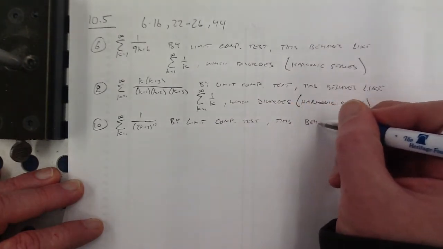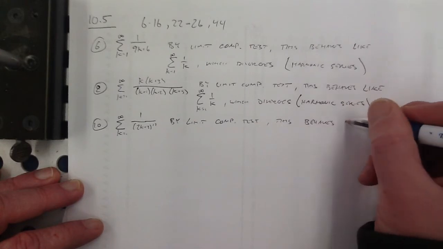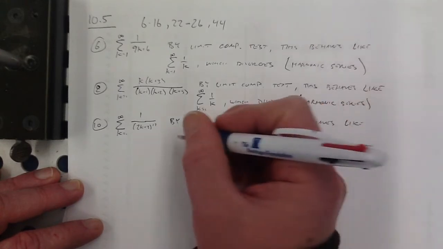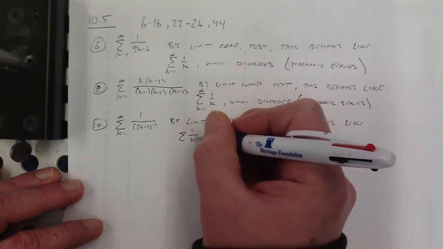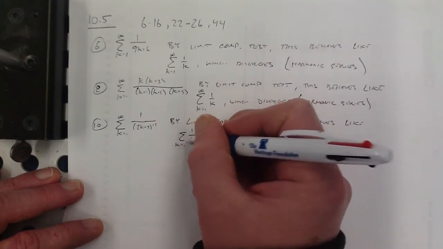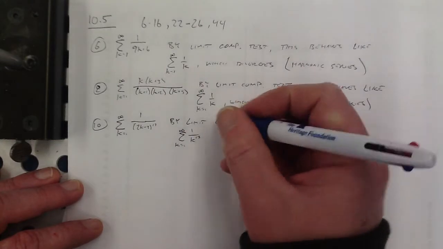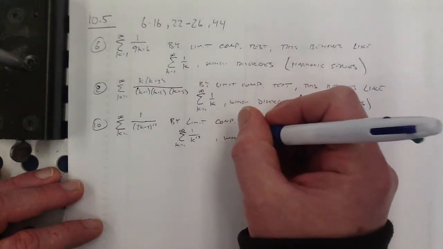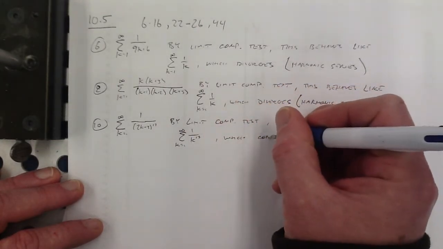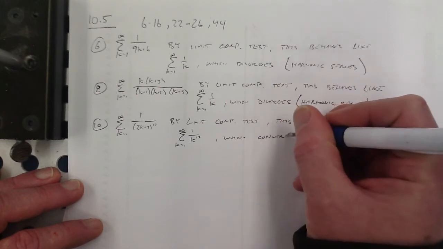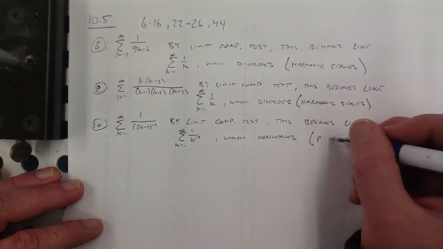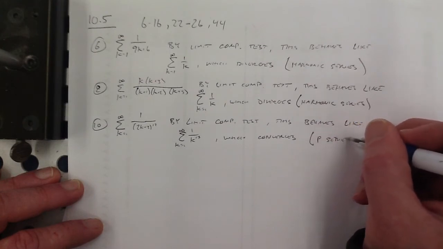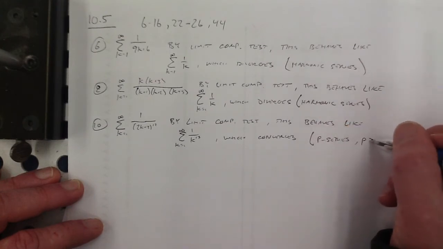This behaves like 1 over k to the 17, which converges, because it's a p series with p greater than 1.